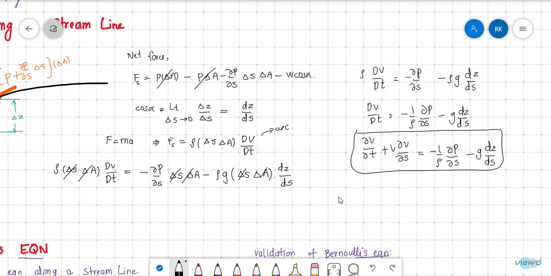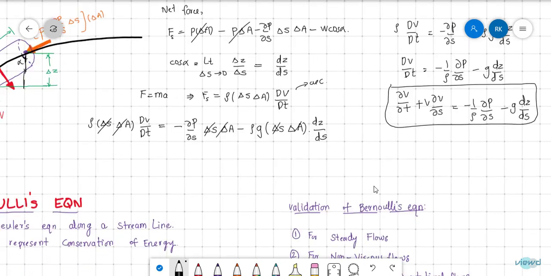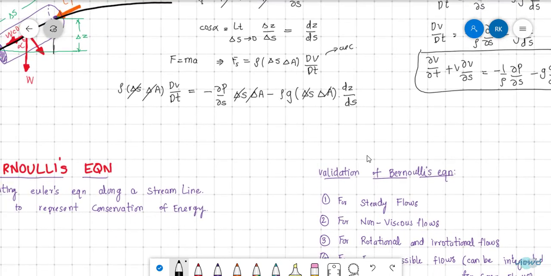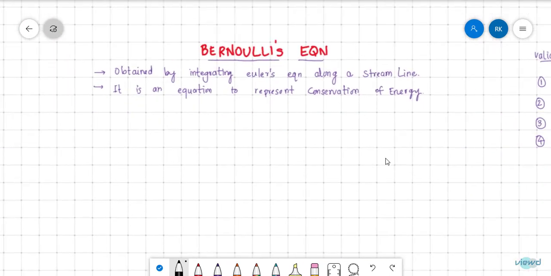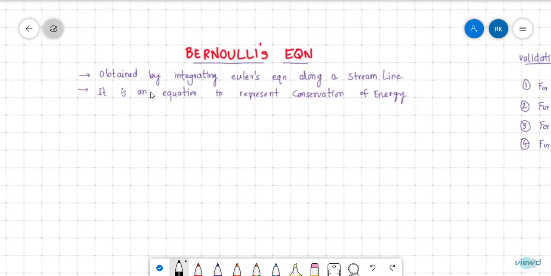Euler's equation along streamline. So why did we find this? Bernoulli's equation is the integration of this equation along the streamline. So Bernoulli's equation is obtained by integrating Euler's equation along a streamline. So what is Euler's equation? We have found here dou v by dou t plus v into dou v by dou s is equal to minus 1 by rho into dou p by dou s minus g into dz by ds.